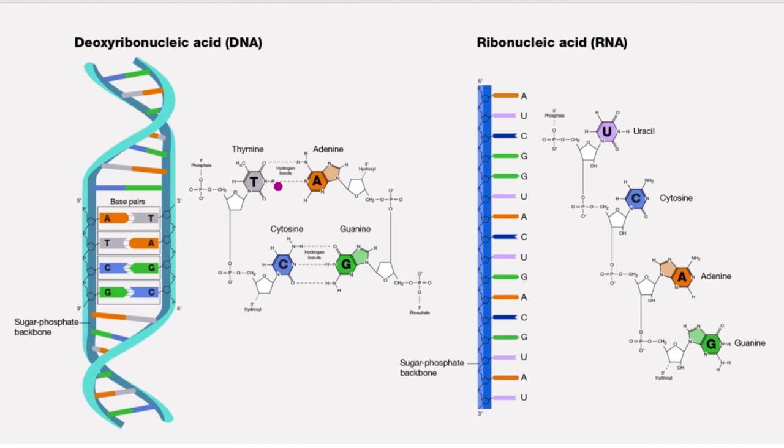Thymine and adenine are bound with a double bond, and C and G with a triple bond. Coming to ribonucleic acid, you won't find the T. Thymine is replaced by uracil. And this is the sugar phosphate backbone.